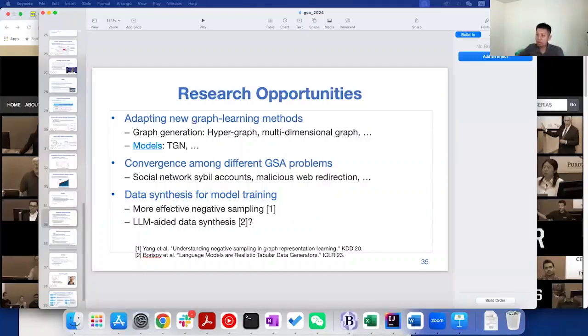You can think of snapshots from timestamp one to maybe t and t plus n, and then we give everything into an RNN. With the RNN, it's able to update every snapshot's embeddings and also do the prediction using the snapshots before and after T. If you want to classify T, you can use 1 to T minus 1, and T plus 1 to N, something larger than T plus N. So you can use snapshots before and after it to tell whether this T snapshot is malicious or not.